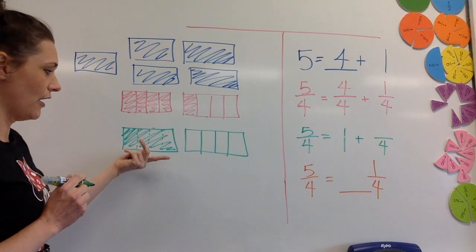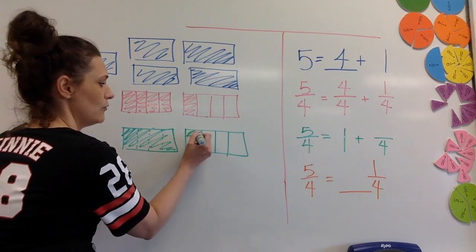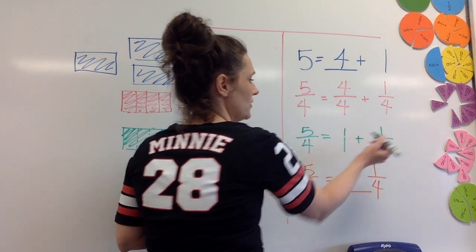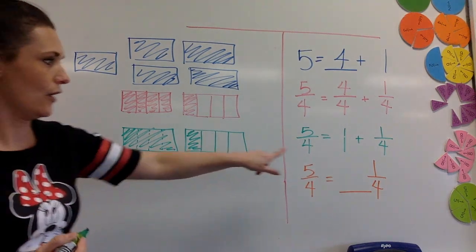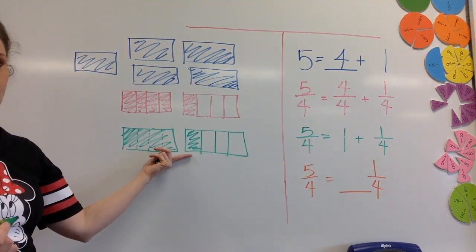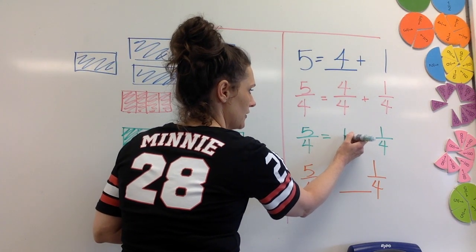Well, I know I've got 4 in my head because that makes my whole, plus I need 1 more to make 5. So I need 1/4 more to add to my whole. 1 whole plus 1/4 equals 5/4. All right. So I kind of put a dot there. That's kind of weird.